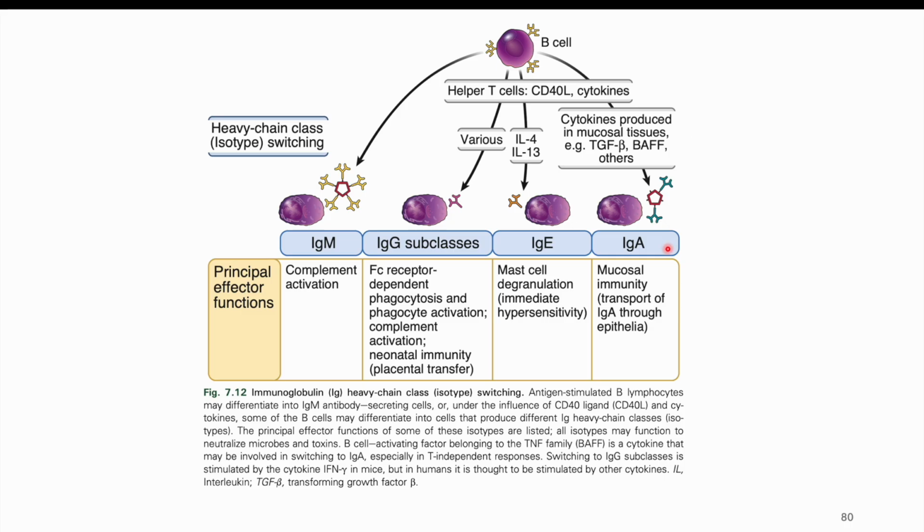And remember IgA, IgE and IgG are all predominantly for the secondary response. Whenever IgA is there, then mucosal immunity, transport of IgA through epithelia, all those things will be there if IgA antibody is present.